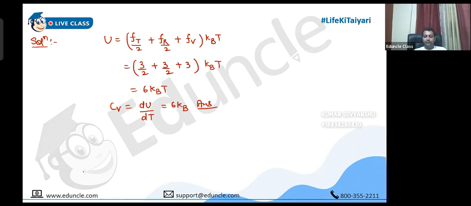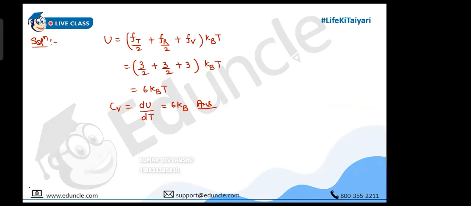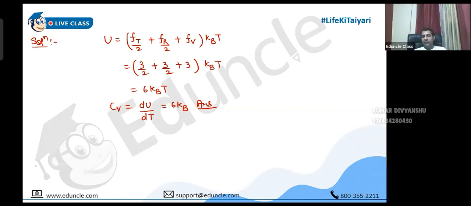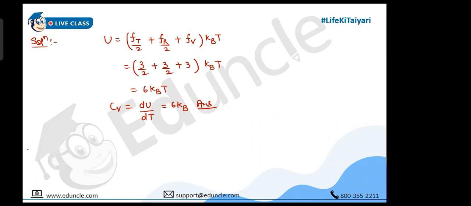Clear? If it was a linear molecule, what would be the value of the vibrational degrees of freedom? Okay, let me tell you. There is a formula for calculating the vibrational degrees of freedom.